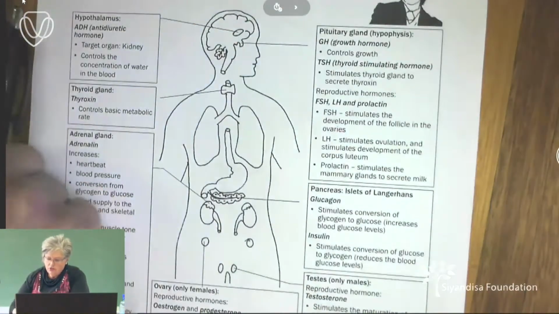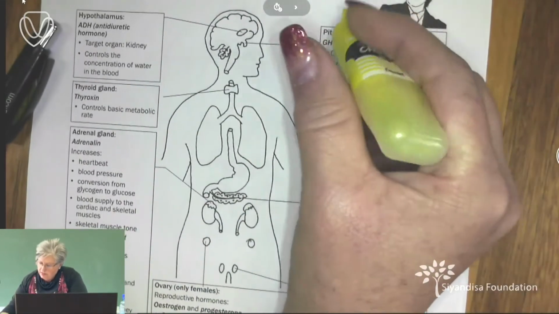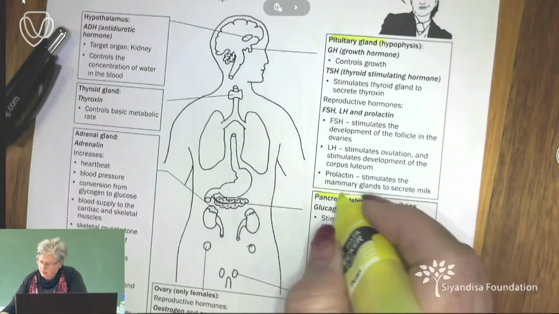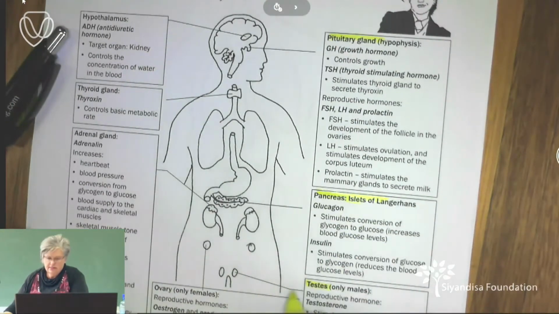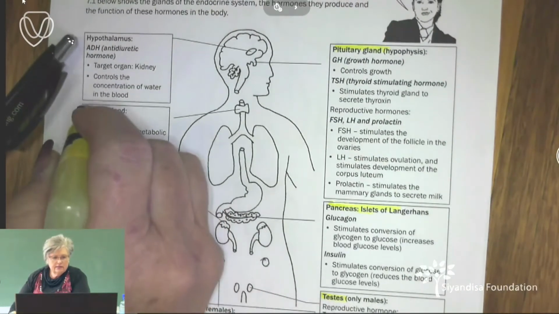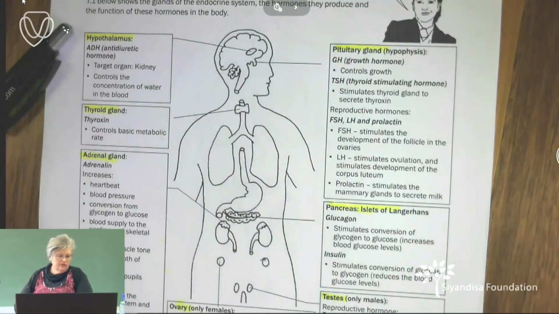A nice way to do it is to write all the glands: the pituitary gland, the pancreas, the testis, the ovary, the adrenal gland, the thyroid gland, and the hypothalamus. It's very important that we know which gland secretes which hormones, because if we don't, it is very difficult to remember the negative feedback mechanisms.